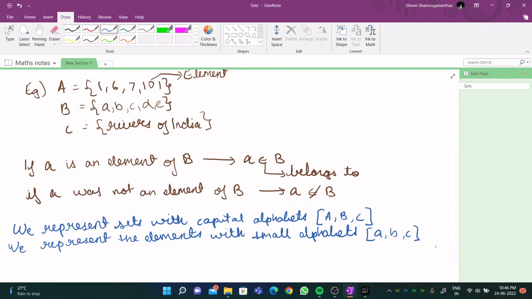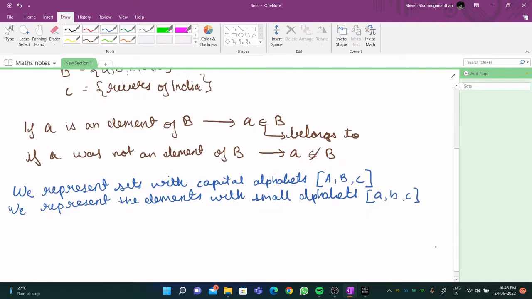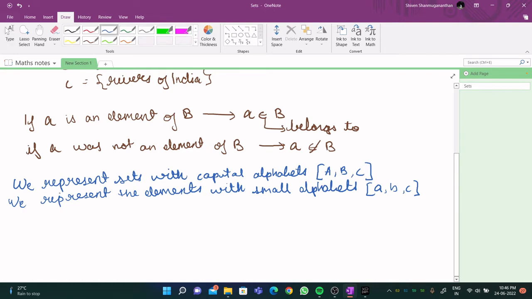Now we will have frequent interaction with some sets in this chapter. So we have reserved some letters for them. Those letters will be, we have N. Now N signifies a set of natural numbers.